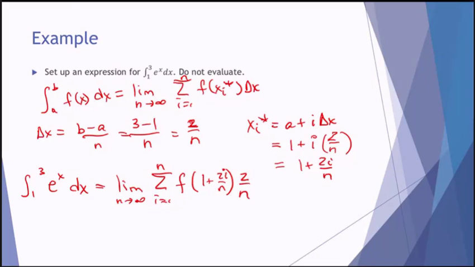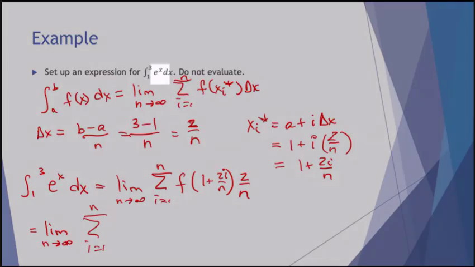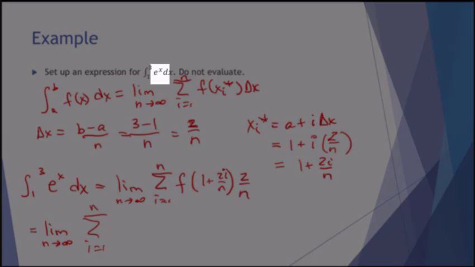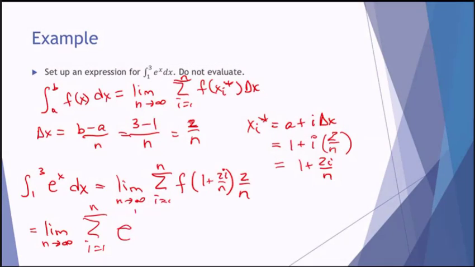So we do need to evaluate the function at our x sub i star. Our function is just e to the x. So it's e raised to the 1 plus 2i over n, and then we're going to multiply times our width, which is 2 over n.